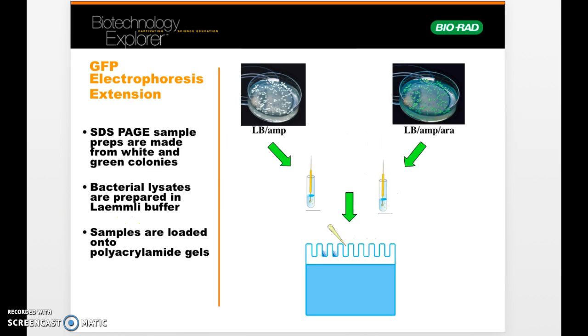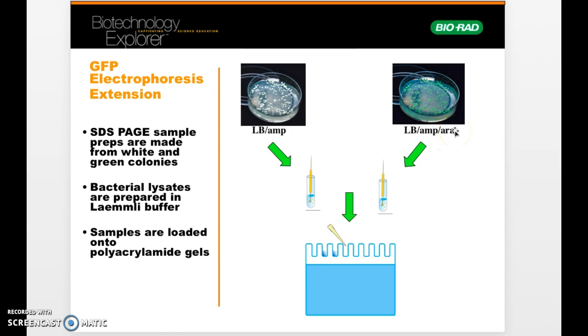So your homework for today is to look over the quick guide, which is going to be sent to you later. The 2 extensions that we're not going to be doing are the GFP electrophoresis extension and the chromatography. We're not going to be doing it in our lab, but you can still understand it. Basically, we have this plate where the GFP gene is not expressed, and then we have this one where the GFP gene is expressed because we put arabinose in there.